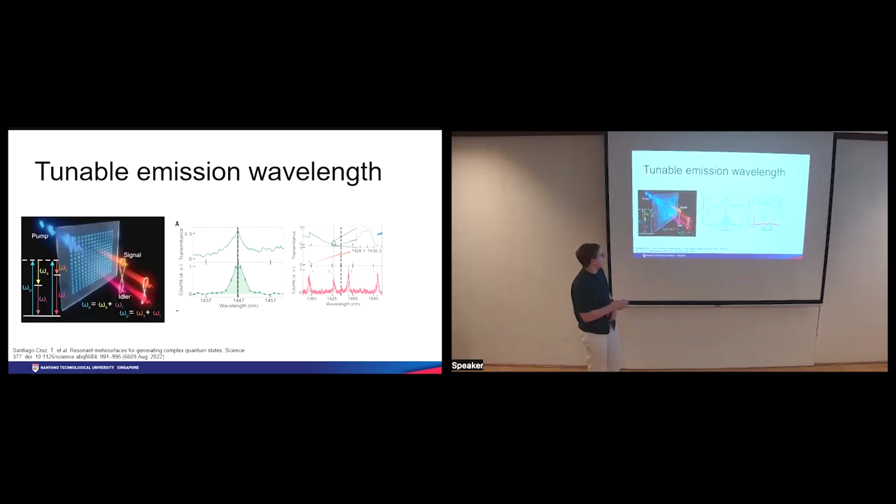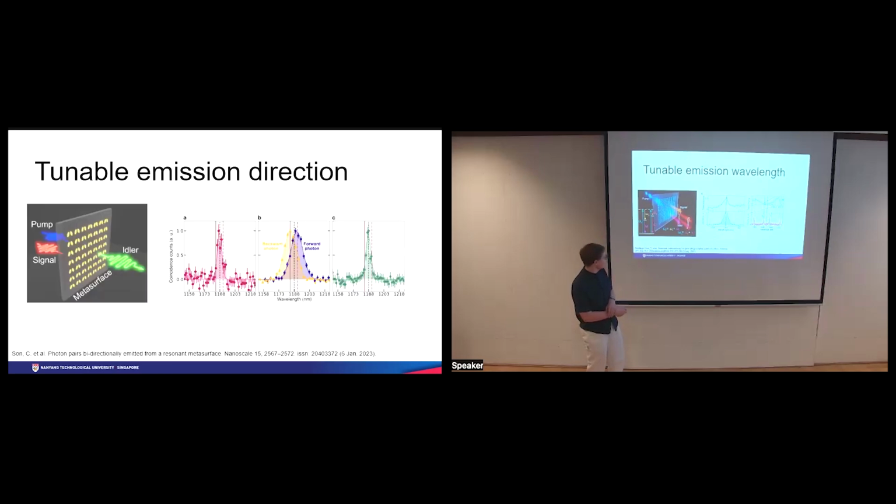You can tune the emission depending on what kind of resonances you have designed for your metasurface. And the same group has also shown directional emission. They studied that this kind of bidirectional emission is also very efficient from this kind of metasurface.